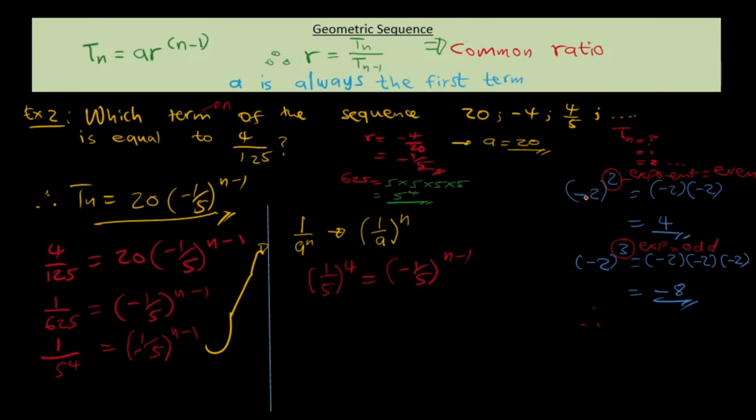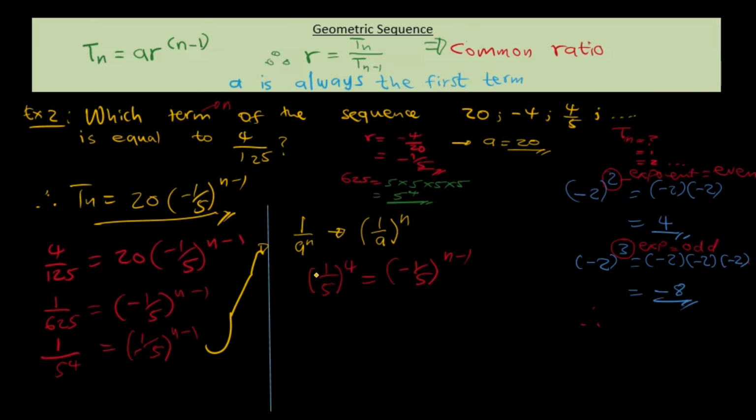The conclusion is that if you have a negative number raised to an even exponent, your answer will always be positive. And if you have a negative number raised to an odd exponent, your answer will be negative.